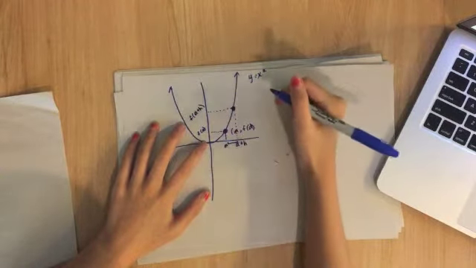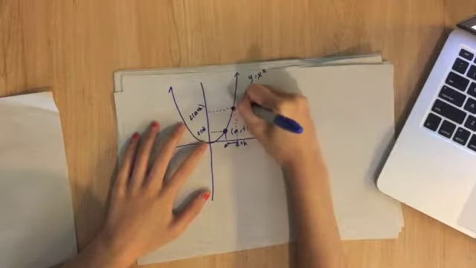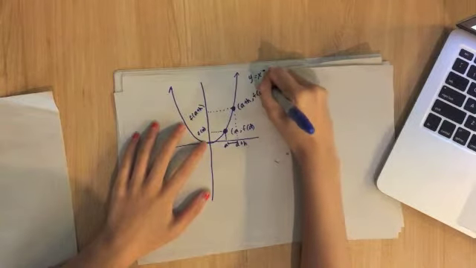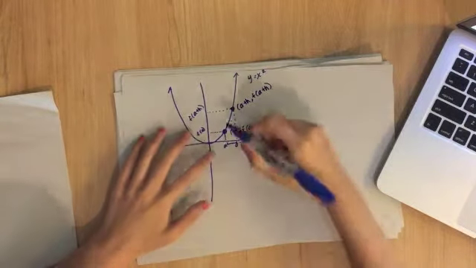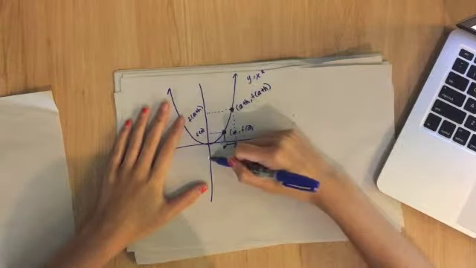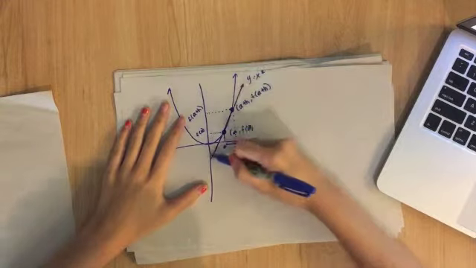So the coordinate of our second point would be a plus h, comma, f of a plus h. And, okay, so now you can draw actually a secant line connecting these 2 points.